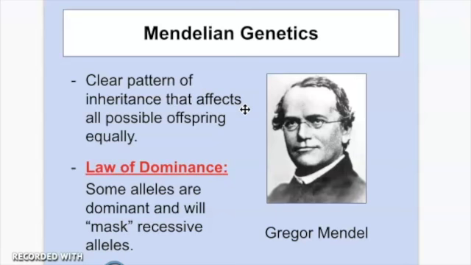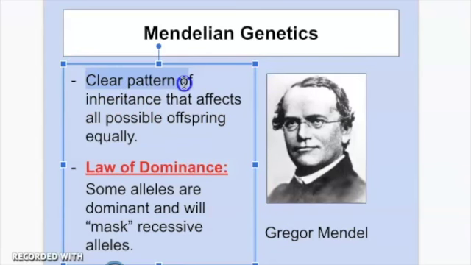Okay, so when we're talking about Mendelian genetics, we already talked about this in class a bit, but this is surrounding that scientist Gregor Mendel and his discovery through his research with pea plants. So what he found was a clear pattern of inheritance in which all offspring are affected equally.